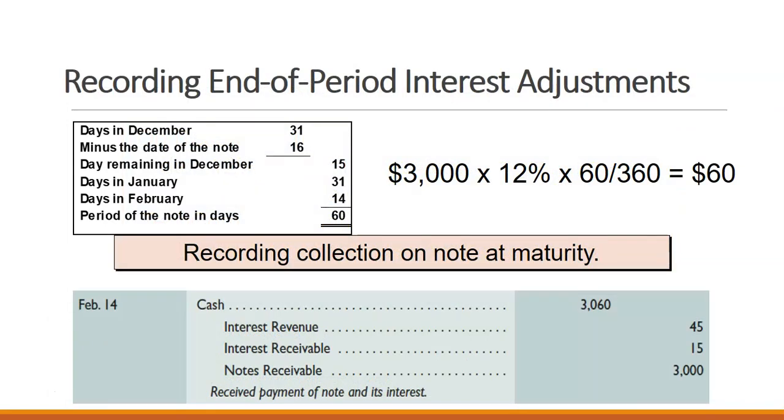Then on February 14th, when that bill is paid, we would receive cash, additional interest revenue. We would remove that interest receivable that we recorded on December 31st, and we have our notes receivable of $3,000.